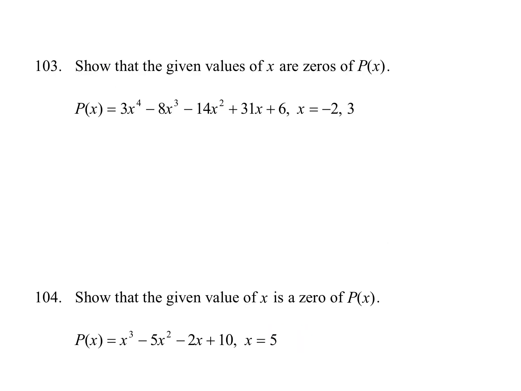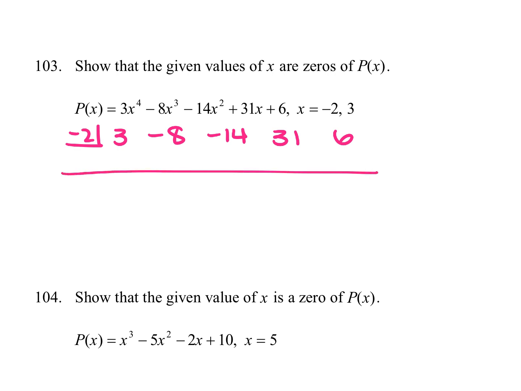For 103, you are showing that the given value of x is 0. So we're going to start with negative 2. We have 3x to the 4th power minus 8x cubed minus 14x squared plus 31x plus 6. Start with negative 2, then check the 3. So the negative 2 is going to go on the outside. On the inside, you'll have 3, negative 8, negative 14, 31, and 6. Your 3 drops down. 3 times negative 2 is negative 6.